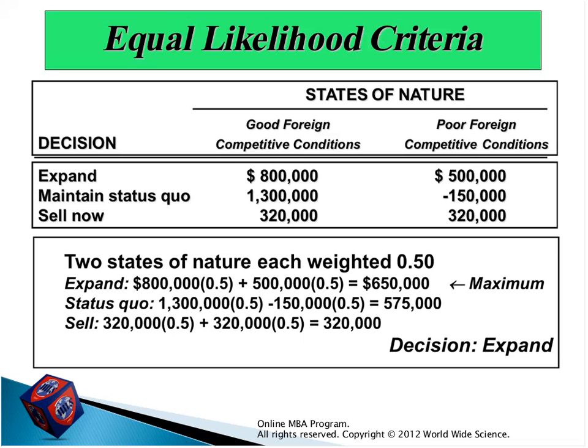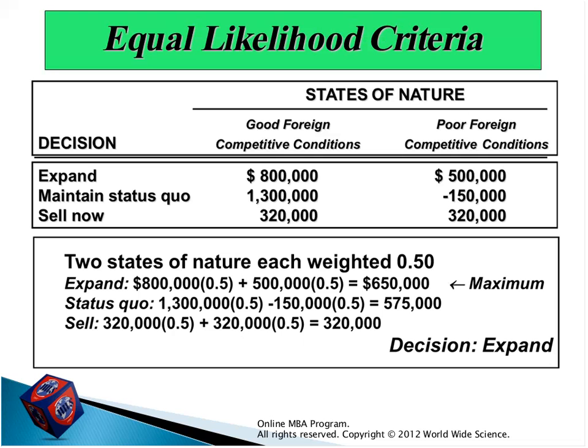Equal likelihood means equal. It means that you should give an equal weight or equal coefficient to each of the states of nature. We have two states of nature, so 0.5. For expand, maintain and sell, we do exactly the same as the last method. 800,000 multiply 0.5 plus 500,000 multiply 0.5 produces 650,000.